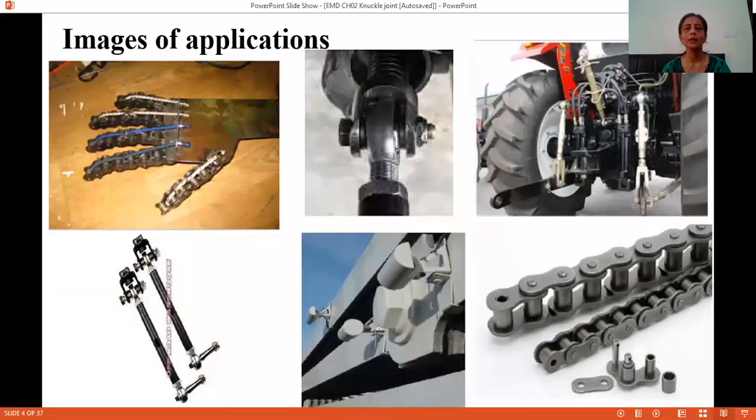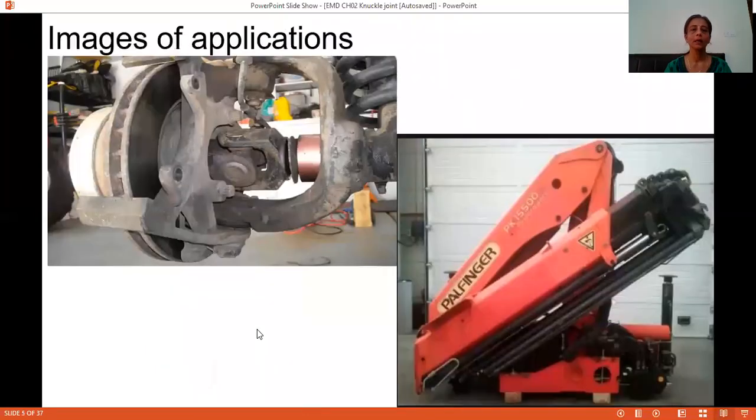Let us see here a few applications of the knuckle joint. It is used as a joint, knuckle joints in the links for, you can say, a prosthetic hand. These are a few applications for the tractor. This is a suspension bridge, this is a cycle chain and the wiper mechanism of the vehicle.